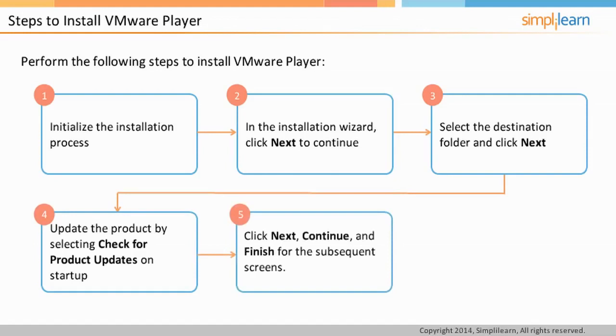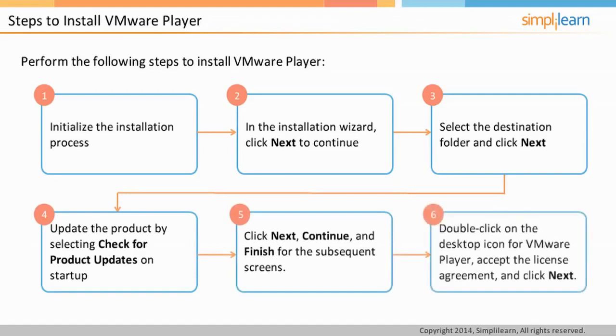Click Next, Continue, and Finish for the subsequent screens. Double-click on the desktop icon for VMware Player, accept the license agreement, and click Next. In the subsequent screens, we will see how to perform the steps for the installation of VMware Player. In the next screen, we will initialize the installation process.